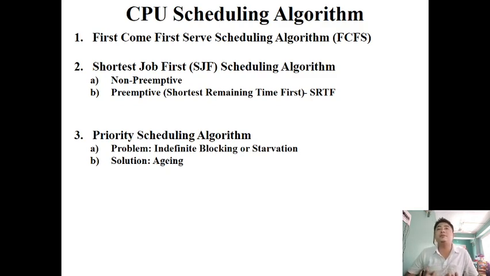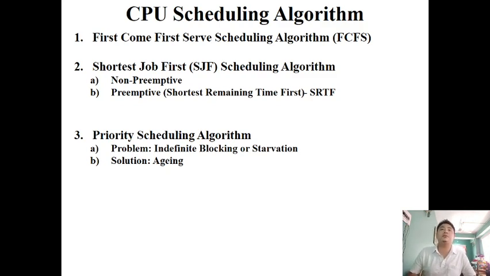So now this is the problem. Now what is the solution to it? It's aging, right? Aging means as and when time progresses, the process gains the chance of getting the CPU. If I talk about the priority scheduling algorithm, for example, in case of aging, as time progresses, the priority is incremented one after another.